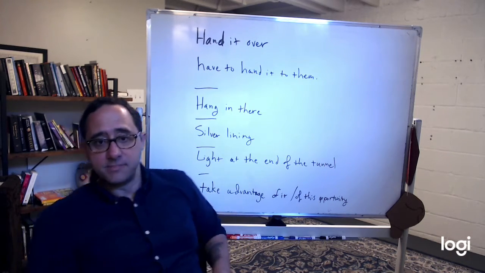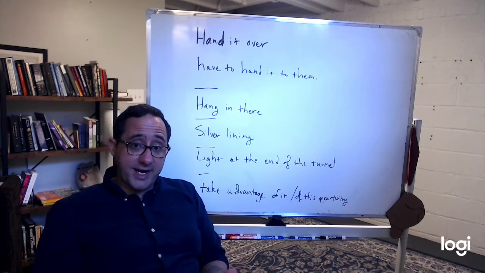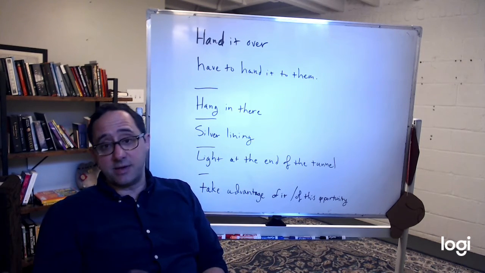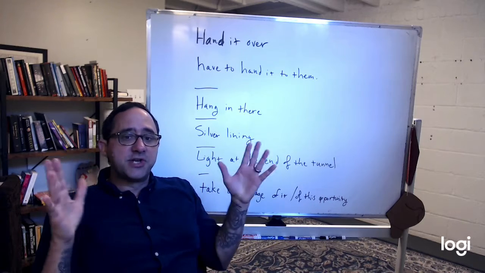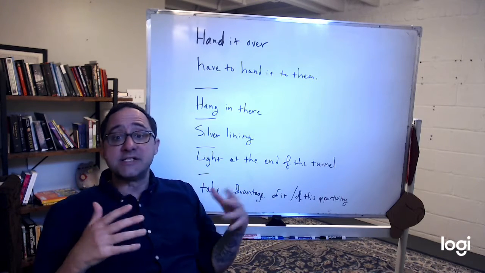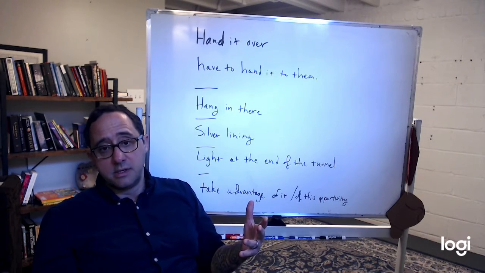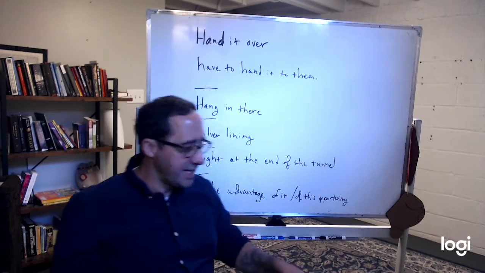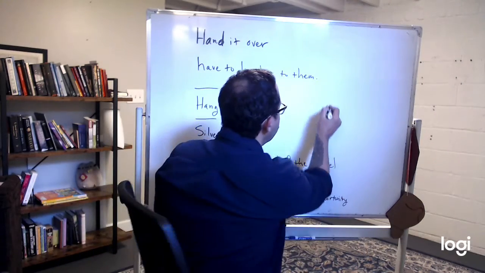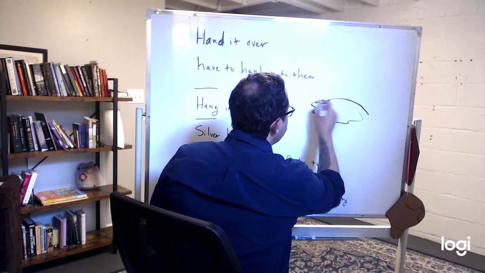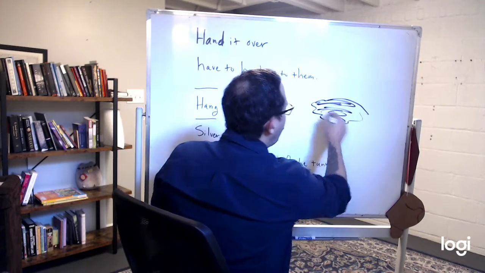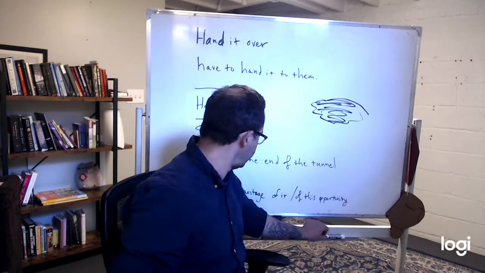Silver lining. This comes from a phrase or a saying that we have. With every dark cloud, there is a silver lining. What does this mean? It means that if you see a cloud and it's dark, right? So here's a cloud and it's dark. What happens if the sun is behind it?